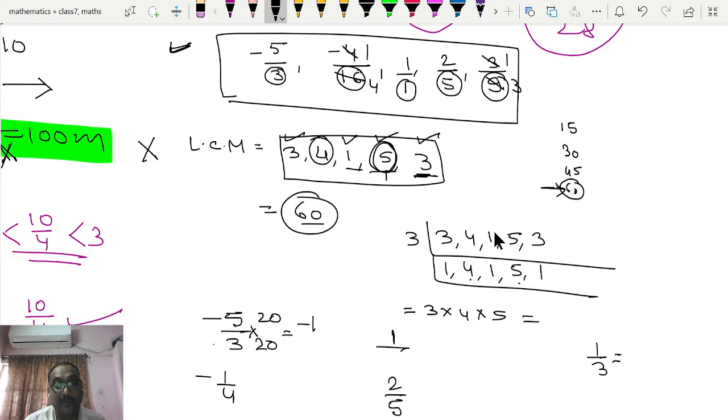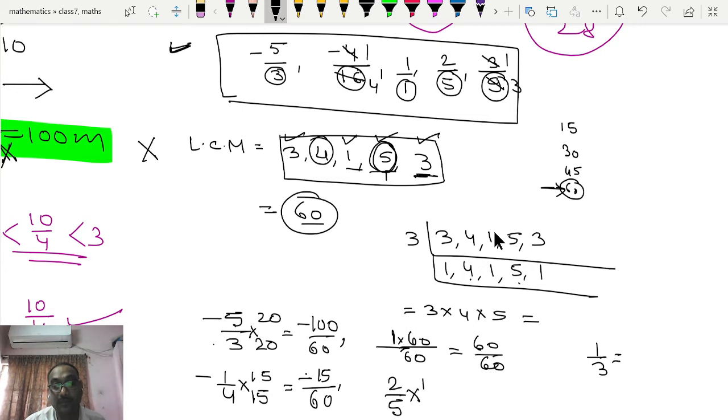The result will be minus 100 by 60. The second rational number should be multiplied with 15, so that we get minus 15 by 60. The third rational number should be multiplied with 60 by 60, and we will get 60 by 60.